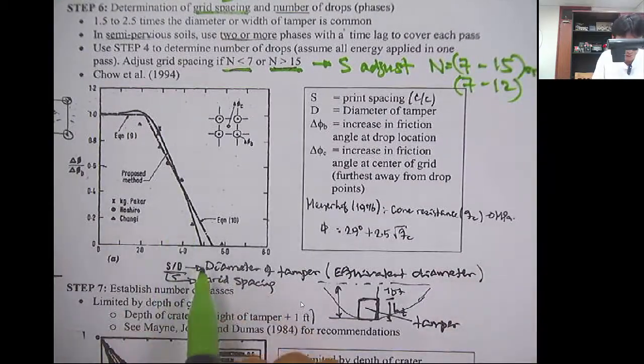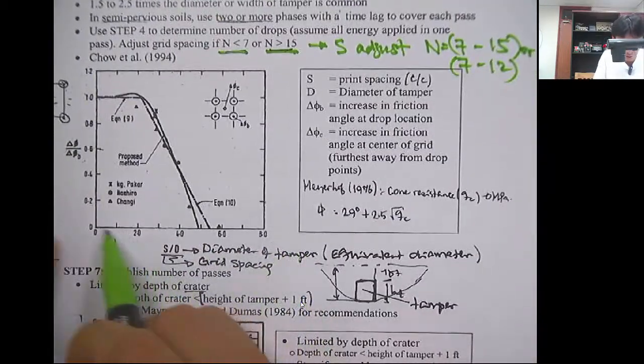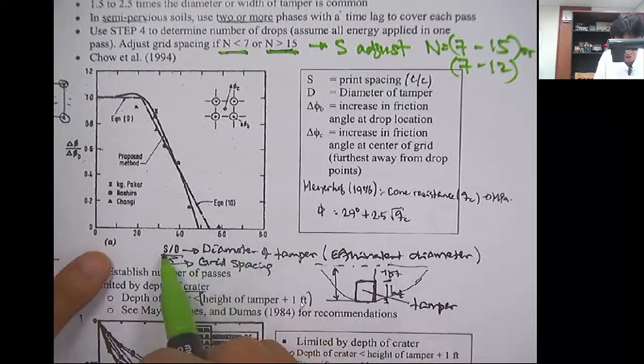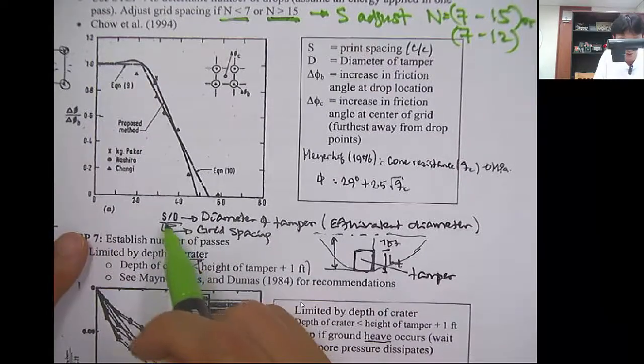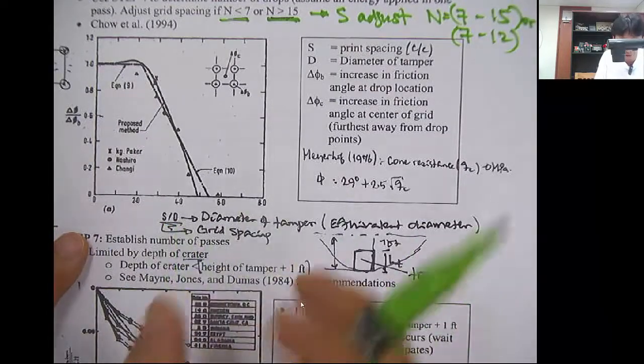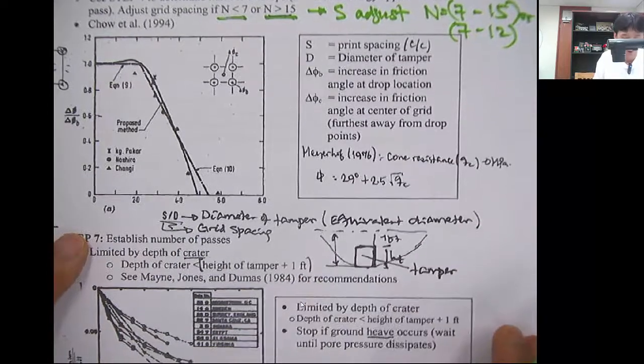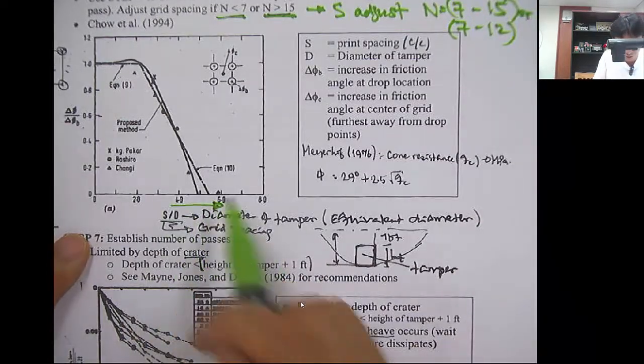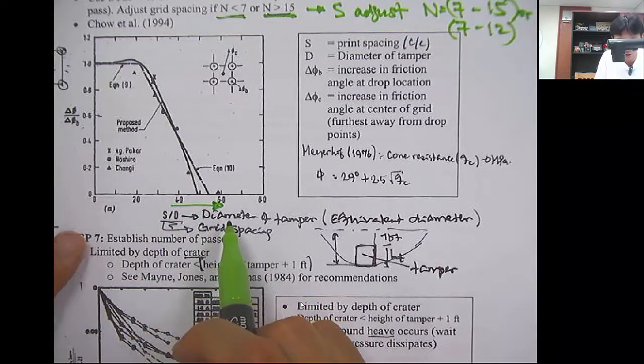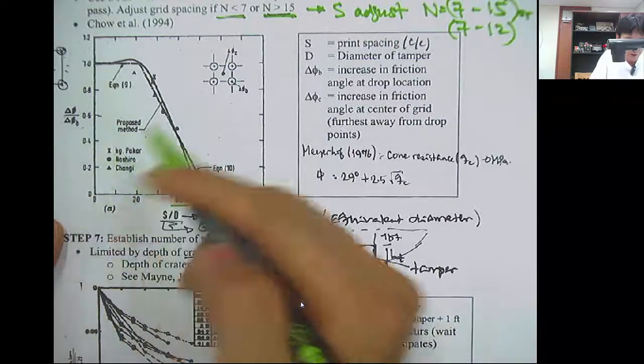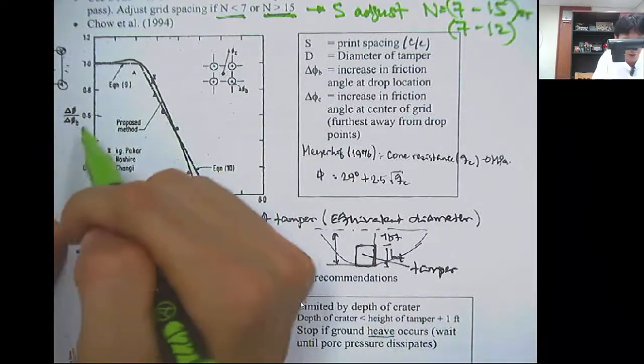This is a very interesting figure. The x-axis is S over D, where S is the spacing and D is the temper diameter. As you go to the right side, the spacing is getting bigger, and the y-axis is the friction angle.